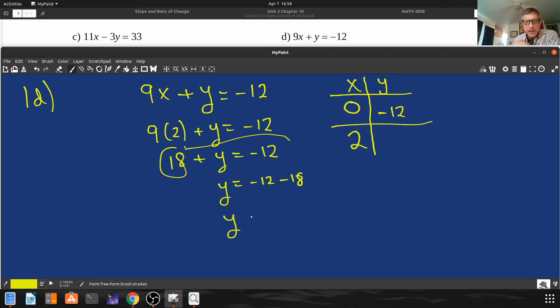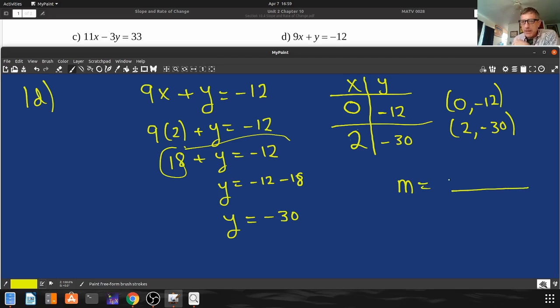So y is equal to minus 30. So I have 2 points, 0, minus 12 and 2, minus 30. So let's use the stacked method to calculate my slope.